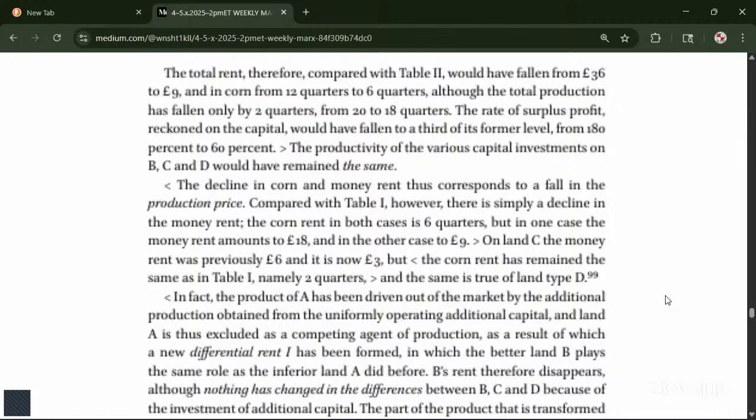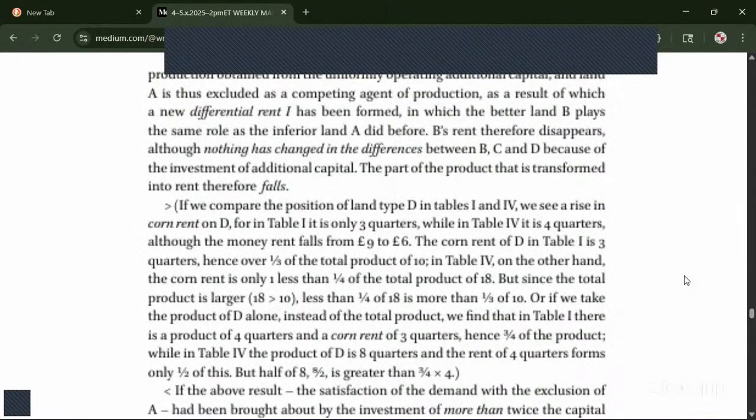B's rent therefore disappears, although nothing has changed in the differences between B, C, and D because of the investment of additional capital. The part of the product that is transformed into rent therefore falls.